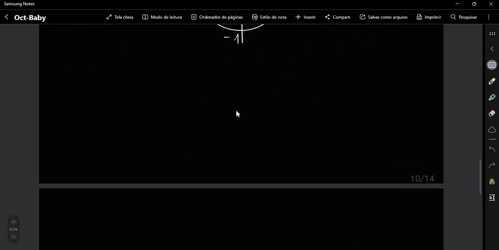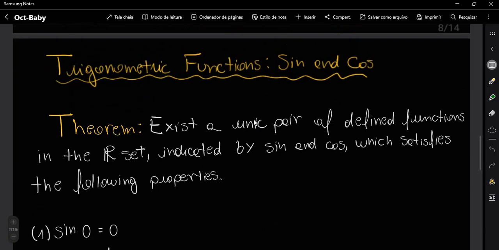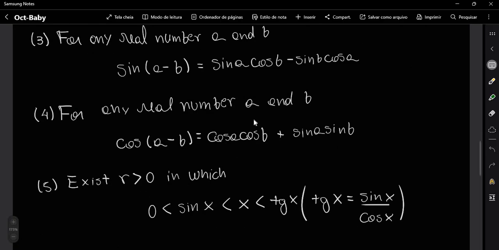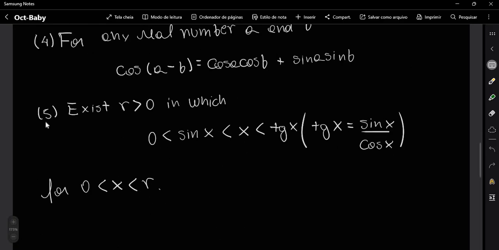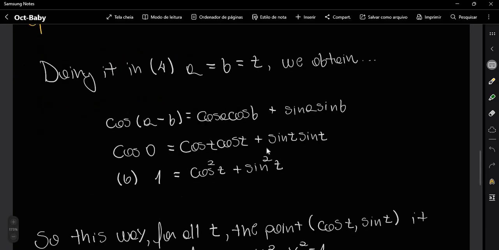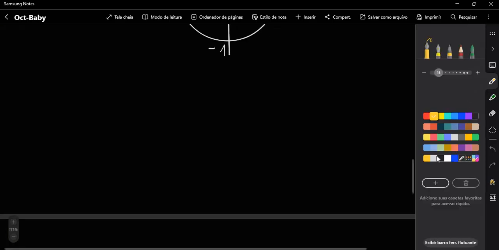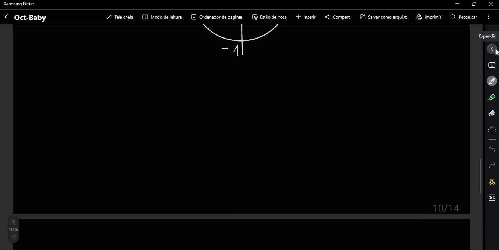And we got one more. I said that from the theorem, we got 5 properties, and from these properties, we abstract these other properties, as we are seeing. And we got a property number 7, and I think now this is the last property.